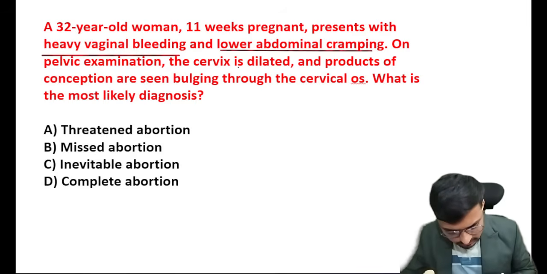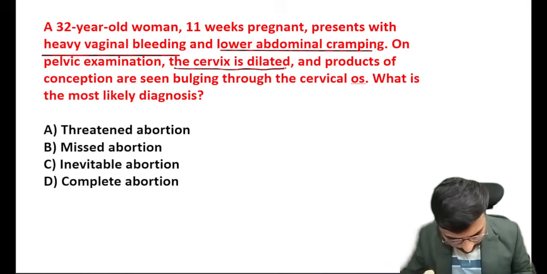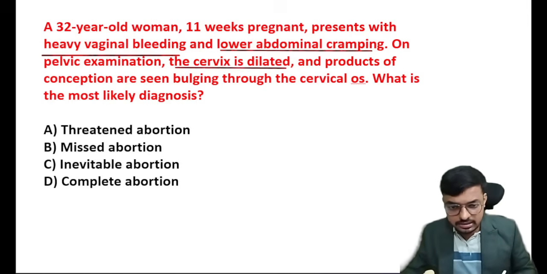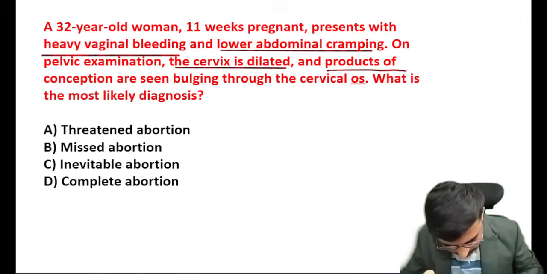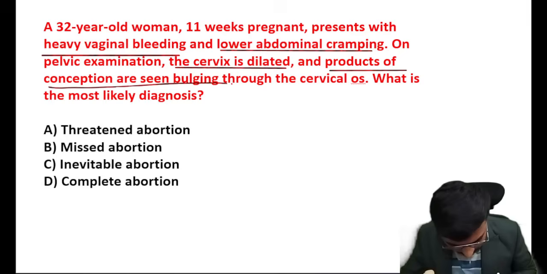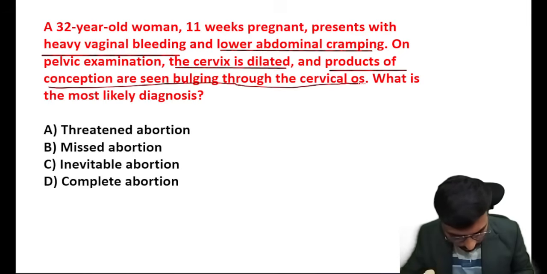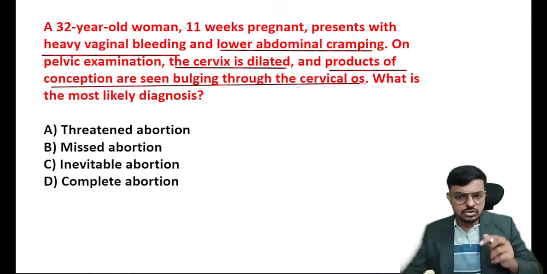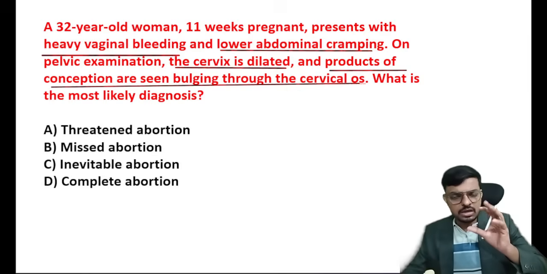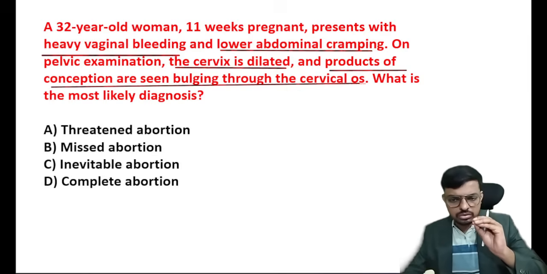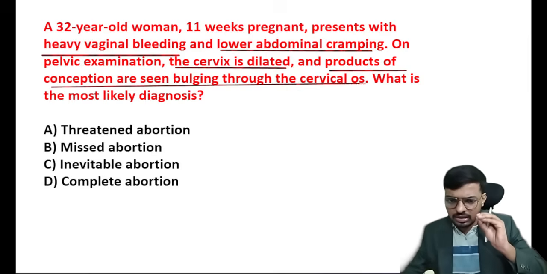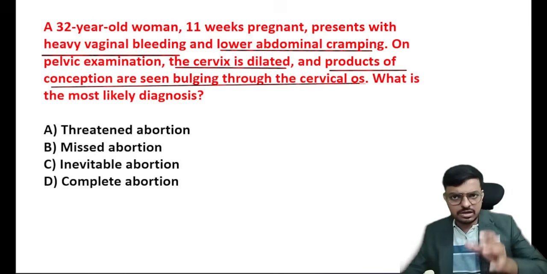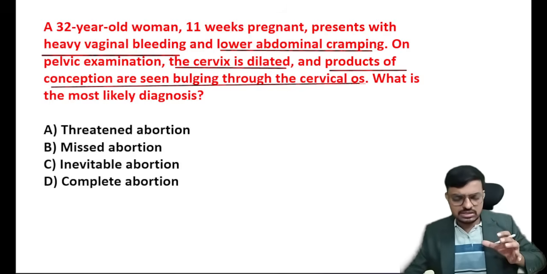On pelvic examination, the cervix is dilated and product of conception is seen bulged through the cervical os. Better note it down, don't get confused. The product of conception is seen bulged through the cervical os, which means it is still inside the cervix only.